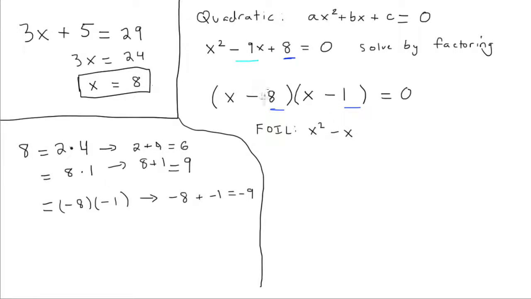Inner is minus 8 times x is minus 8x. And last is minus 8 times minus 1, and that is, of course, plus 8. And then simplify and see what we get. x squared minus 9x plus 8. Okay, that's the same as what we had before, so we factored it correctly.